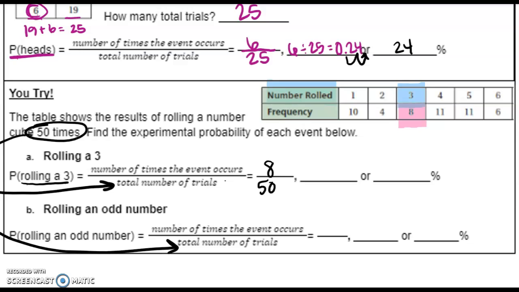And so this would simplify down to 4 over 25. And when I do 4 divided by 25, I get 0 and 16/100. I'm going to move that decimal twice, and I get 16%.